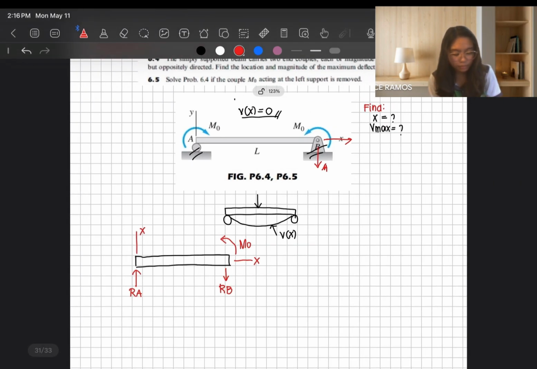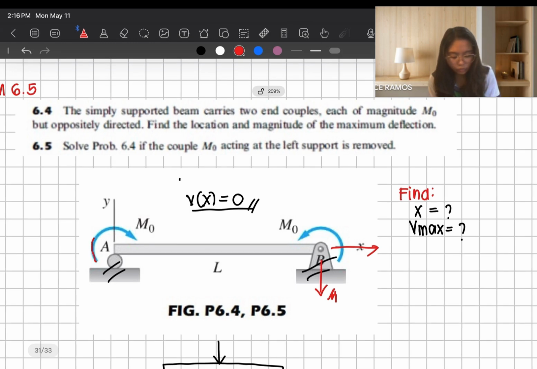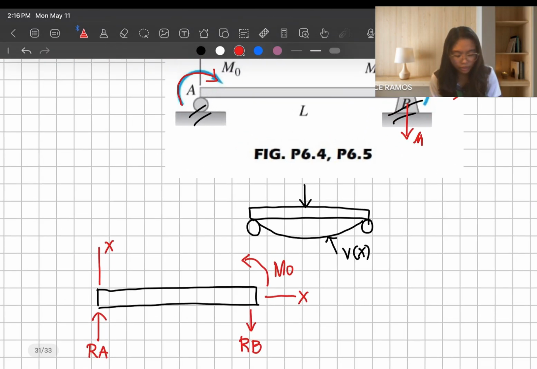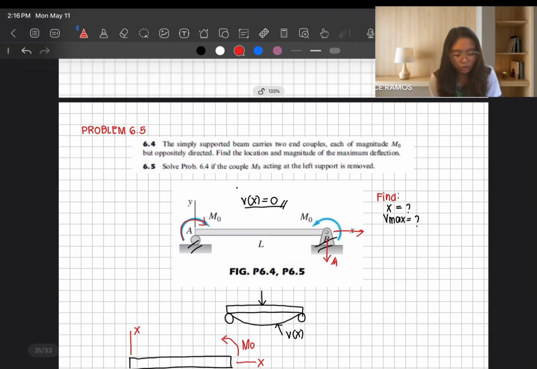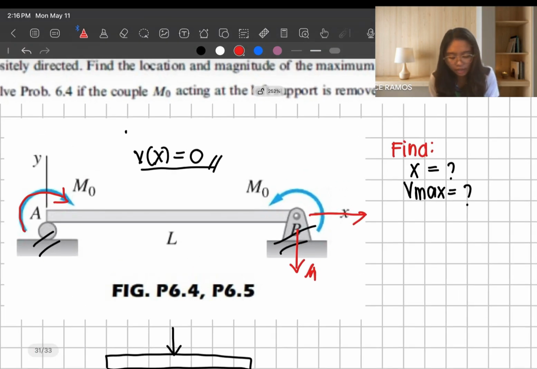Since sabi sa problem kanina, hindi daw natin kailangan or pinapatanggal na itong moment sa left, so hindi na rin natin siya isasama sa ating free body diagram. So sabi kanina, ito daw figure natin is a simply supported beam. So ang simply supported beam is analyzed in a static equilibrium. So kung inalis na natin itong moment dito, hindi na siya in equilibrium.